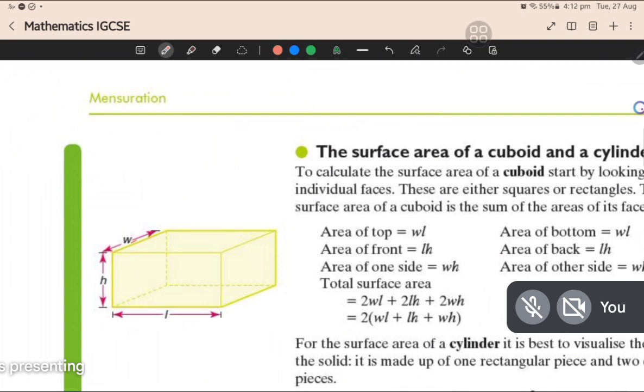So there's a thing called a net diagram. What is a net diagram?